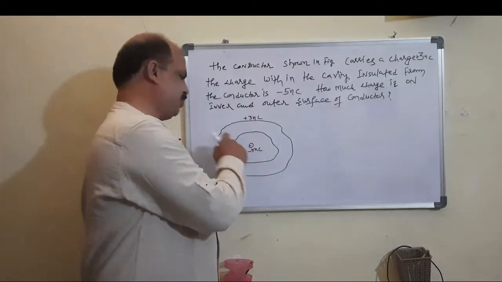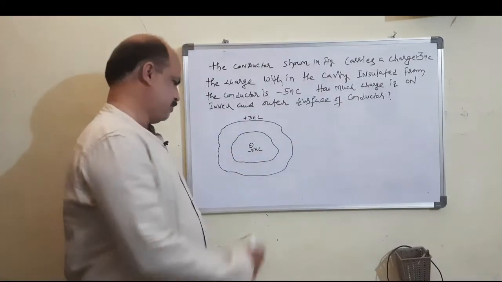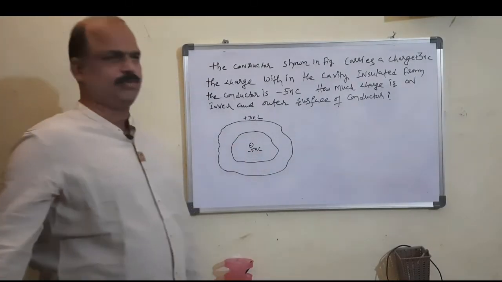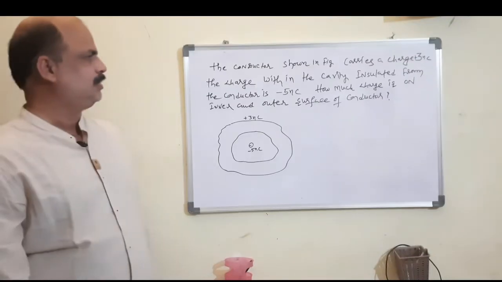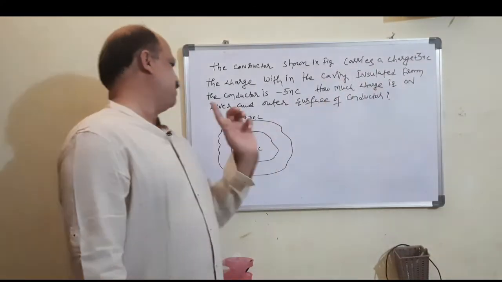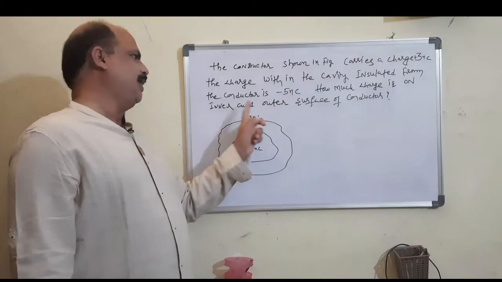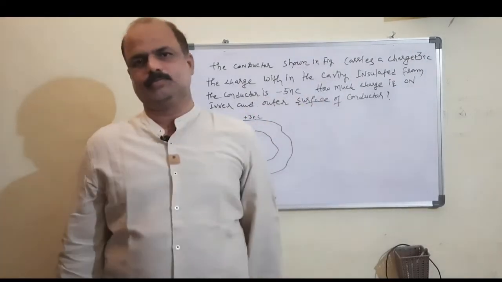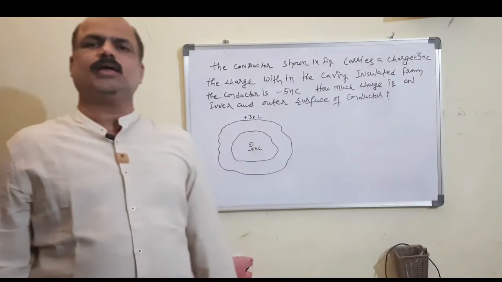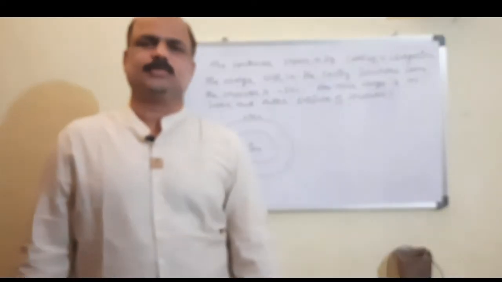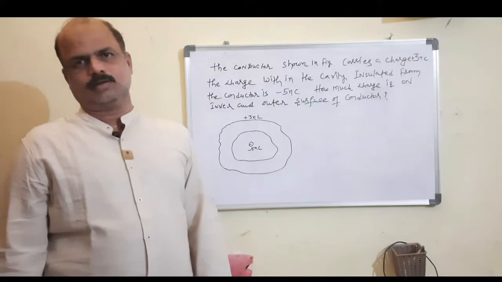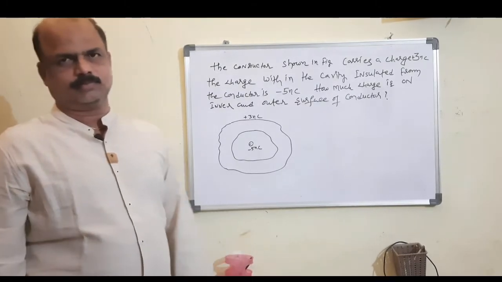So, how much charge is present within the cavity? Minus 5 nanocoulombs. Here the question is, how much charge is on the inner and outer surface of the conductor? This is the inner surface and this is the outer surface of the conductor.